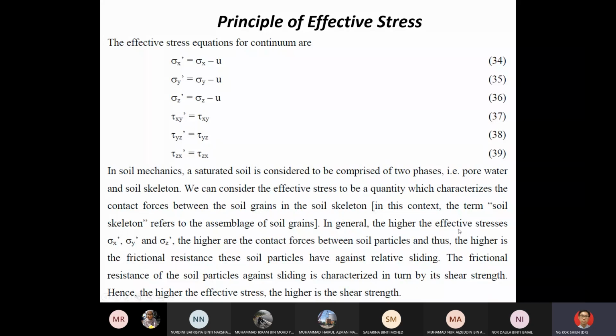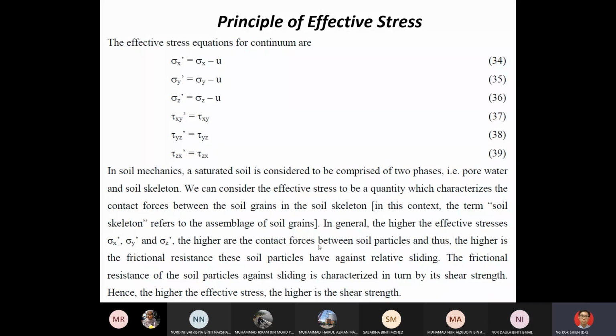In general, the higher the effective stress, sigma xyz, effective stress for the sigma xyz direction, the higher are the contact force between the soil particles, and thus the higher is the frictional resistance this soil particle have against relative sliding. So when effective stress is higher, okay, then you will get the higher contact force, and then you will get a higher frictional resistance.